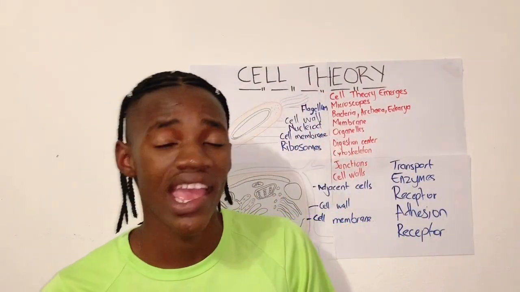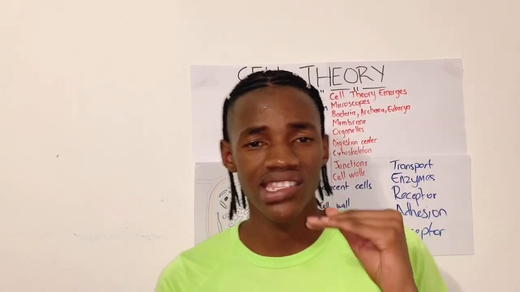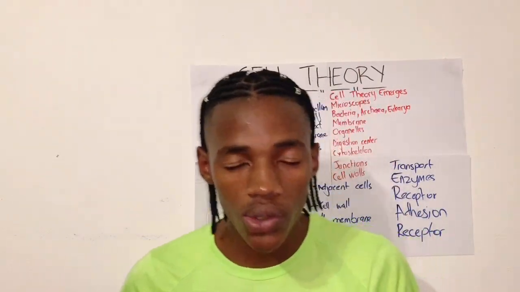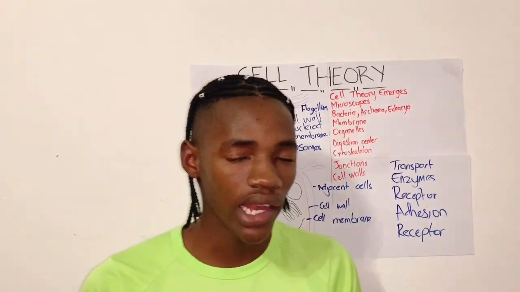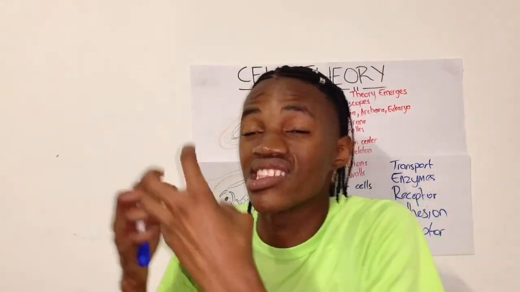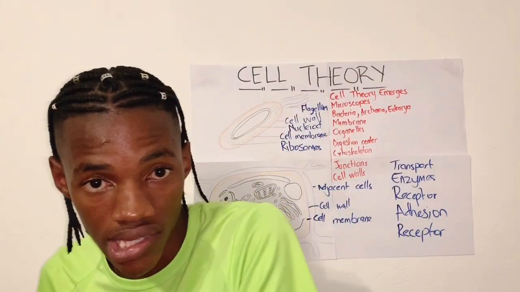Then within the stroma we get stacks of grana, and then the grana are stacked thylakoids, and the thylakoids are what capture the energy from the sun that the chloroplast uses to produce photosynthesis.